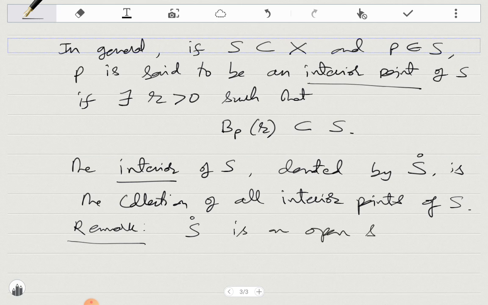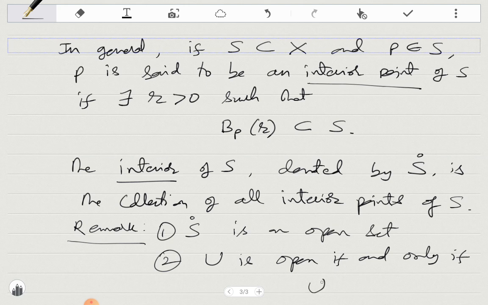That is one thing. The second thing is that U is open if and only if its interior is the whole set.